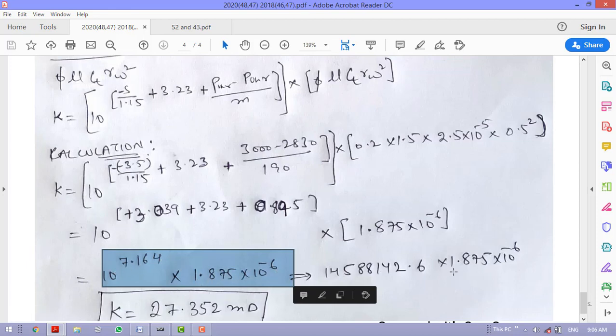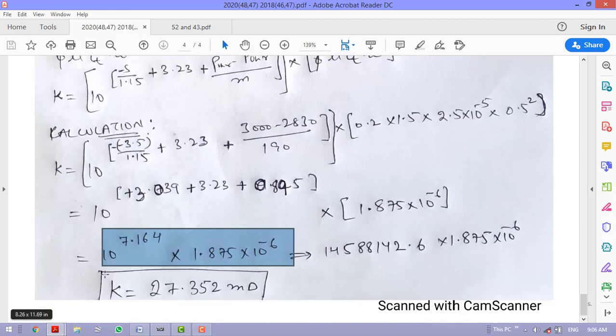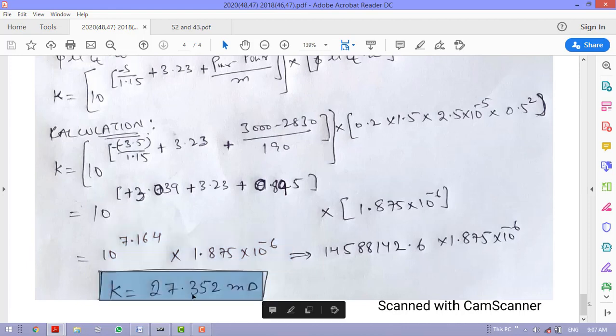When I fully simplify this, the final value I got was permeability k equal to 27.352 millidarcy. I have cross-checked my calculation two to three times, but you should do that too when practicing this question, because it was a bit tricky to calculate.